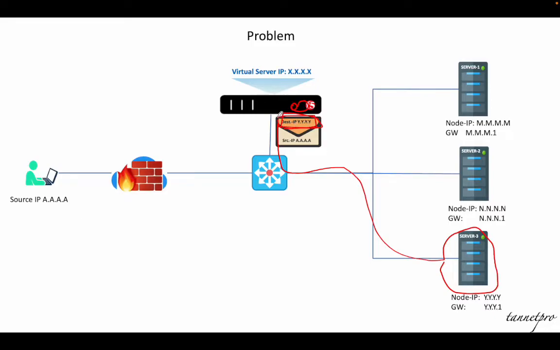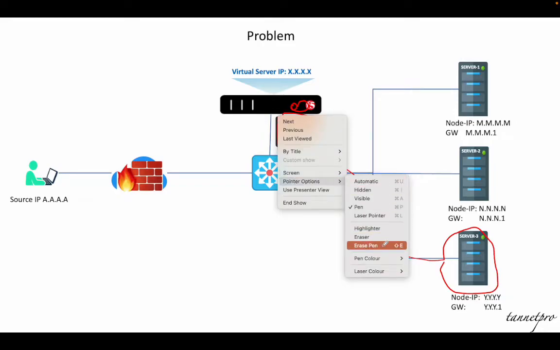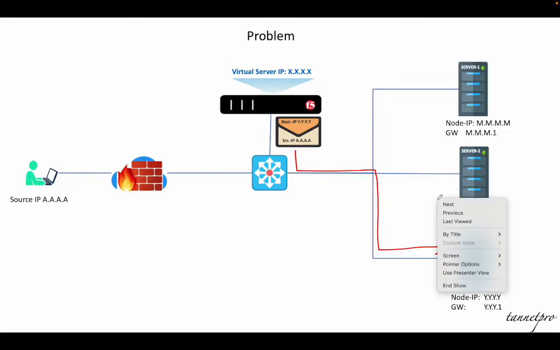YYY was elected following your load balancing algorithm. Got it? Now how will the packet flow? Your packet comes like this and reaches here, because the third server was elected following your load balancing algorithm.